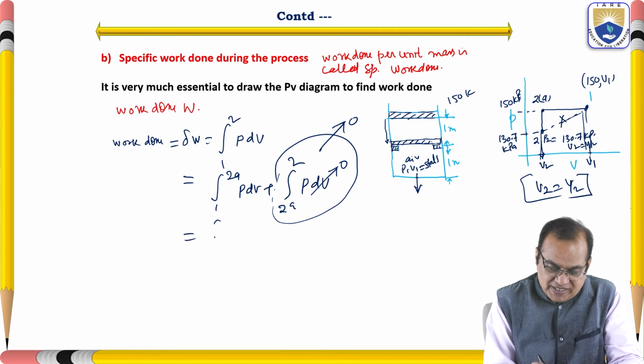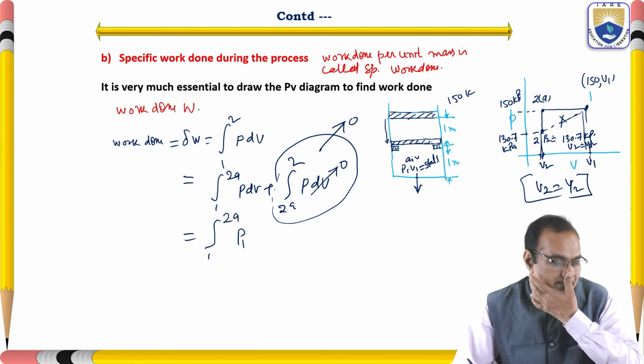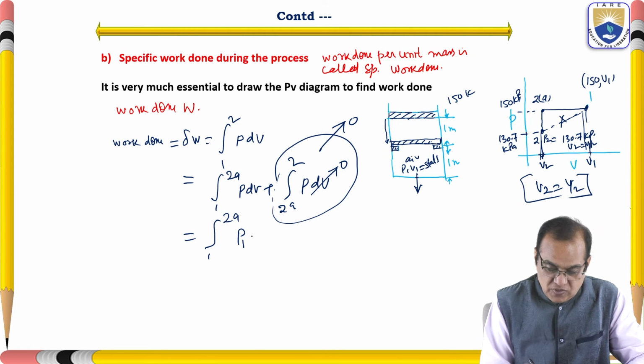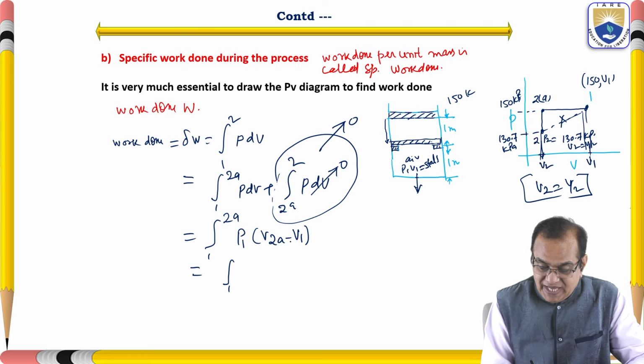So now this work done 1 to 2A, the pressure is P1, not P2. So this we can see here, it is P1 times (V2A minus V1). So here we can write P1 times V2A minus V1, so we can write it as P1 V1 times (1 by 2 minus 1).